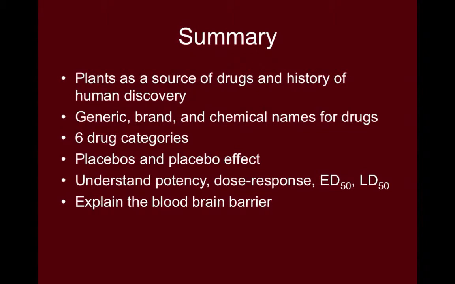And then we spent some time talking about placebos and the placebo effect when we talked about specific and non-specific effects of drugs. And finally, we talked about potency, dose response, and then the ED50 or effective dose and the LD50 or lethal dose for drugs. And then spent a little time on the blood-brain barrier as well.